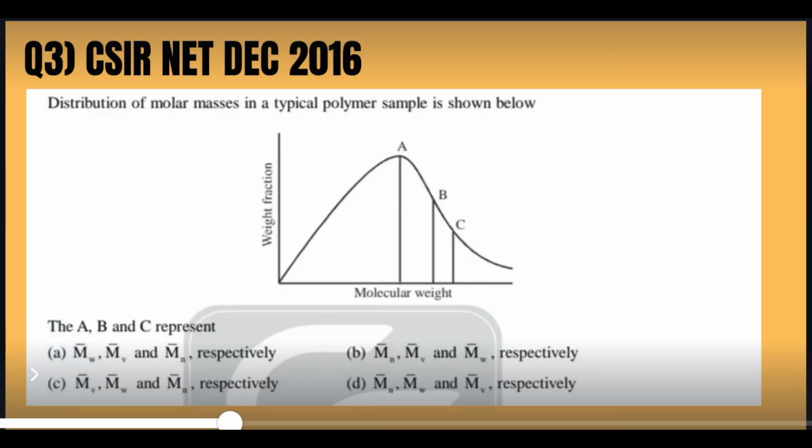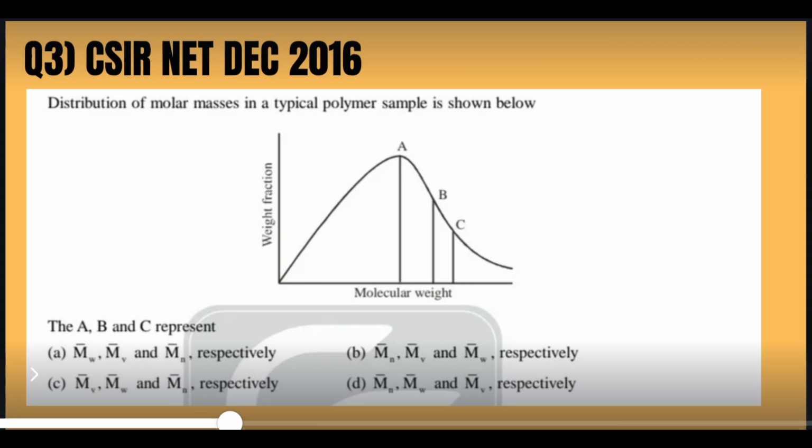Now we'll move to the third question. This question was asked in CSIR NET December 2016. The distribution of molar masses in a typical polymer sample is shown below. Here a graph is given as weight fraction versus molecular weight.